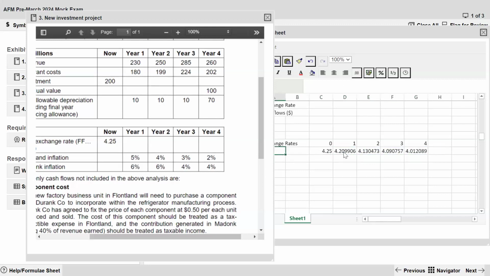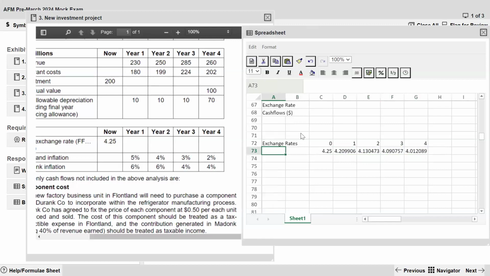So this is what we have, the exchange rates at different dates.